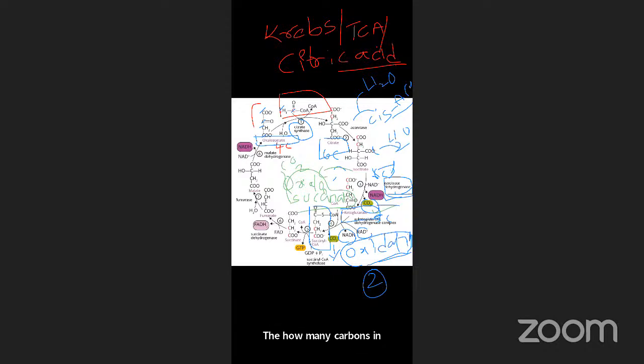Four, plus coenzyme A. Four, because another carbon dioxide was also lost here. Next, you add coenzyme A. That's why it is called succinyl coenzyme A.